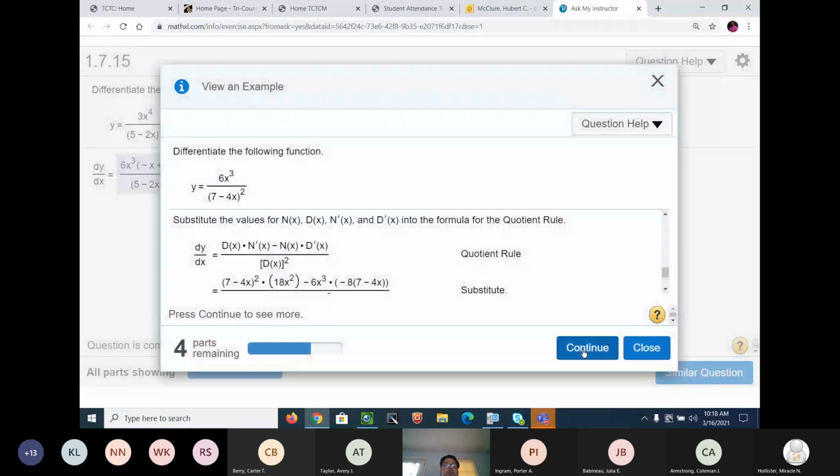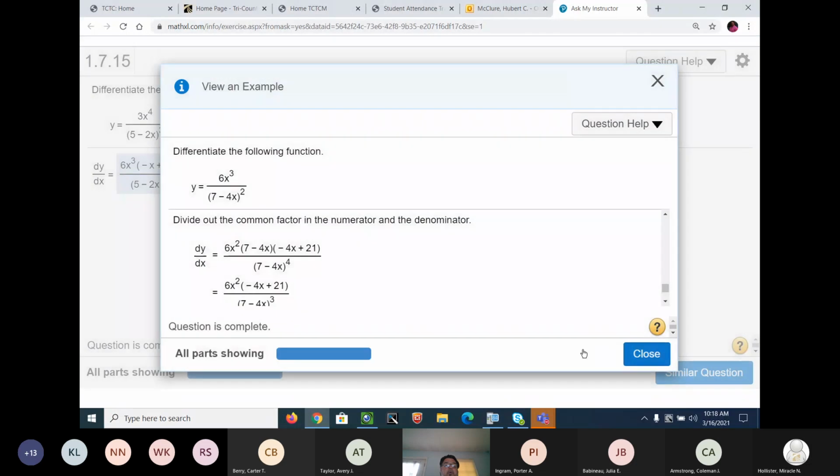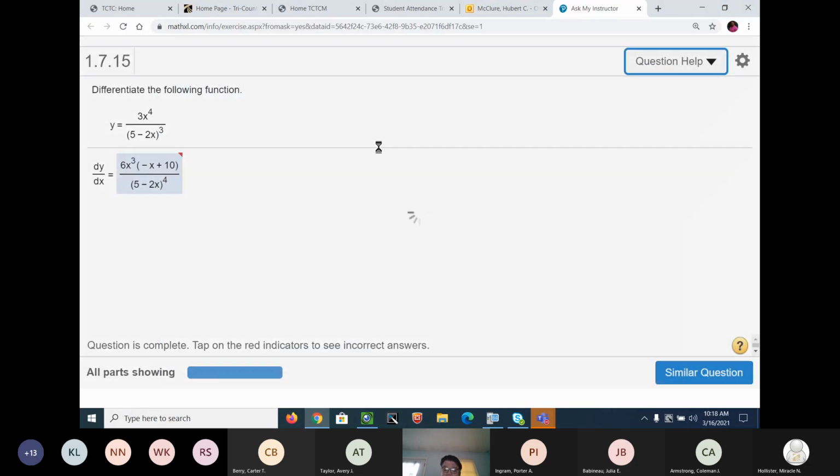They're doing the quotient rule, so I know I've either made a mistake or I haven't gone far enough. Anybody got a clue where I went wrong?